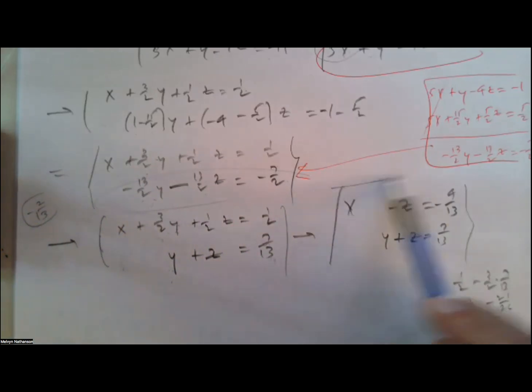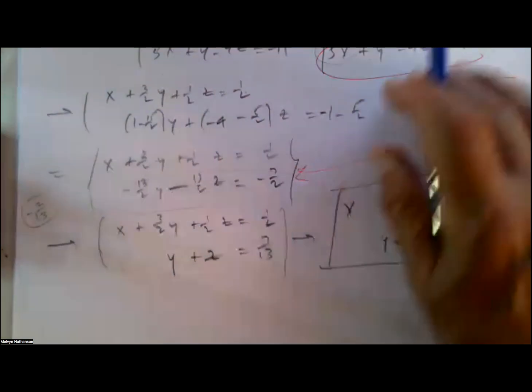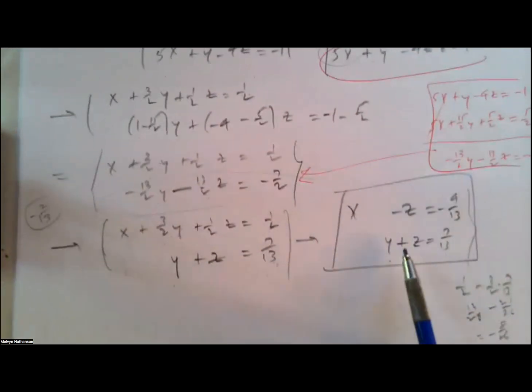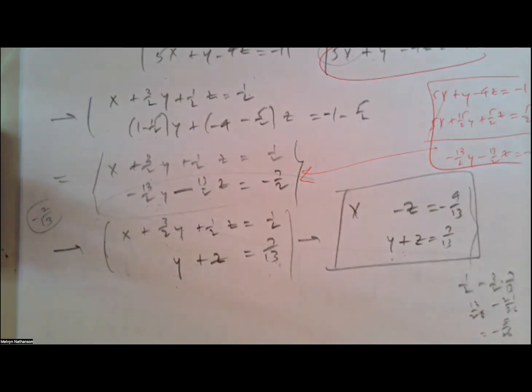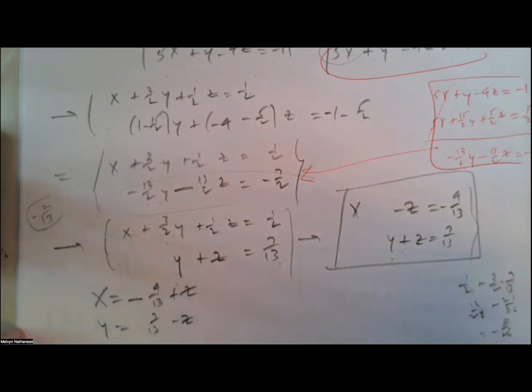Okay. So now I have this system of 2 equations and 3 variables, which has the same solutions as the system I started with. And what does this say? This says that if x, y, z is a solution, then x is minus 4/13 plus z, and y is 7/13 minus z.